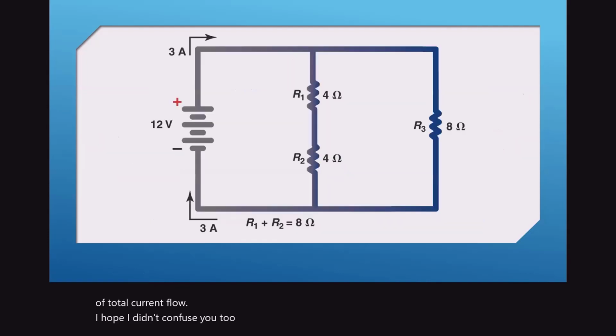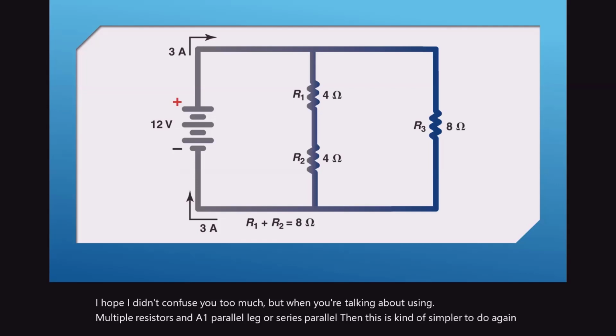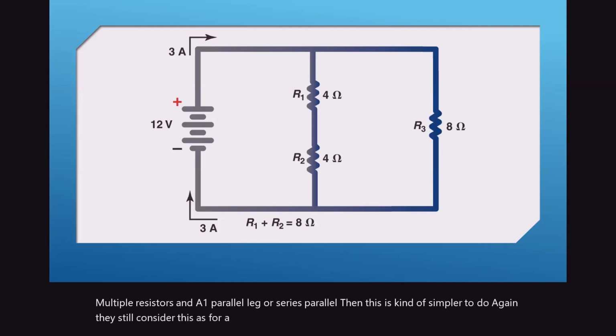But when you're talking about using multiple resistors in one parallel leg of a series parallel circuit, this is kind of simpler to do. Again, they still consider this a series parallel because you're adding more into it. So the way to solve this one is to actually add up that one resistor leg.